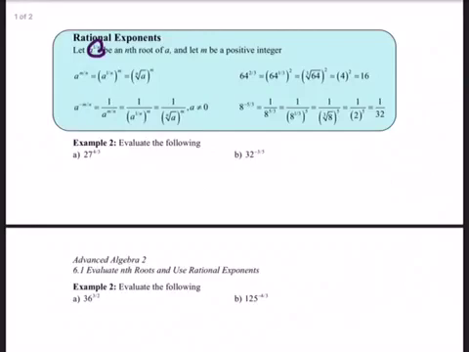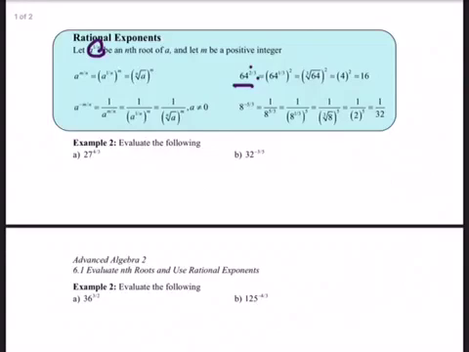So for instance, what if I had 64 to the 2/3 power? I can think of that as 64 to the 1/3 raised to the second power. So basically the bottom line is I look at the fraction itself, and whatever the number is in the denominator is my root, and whatever the number is in the numerator of the fraction is then what I raise that particular answer to after I take the nth root.